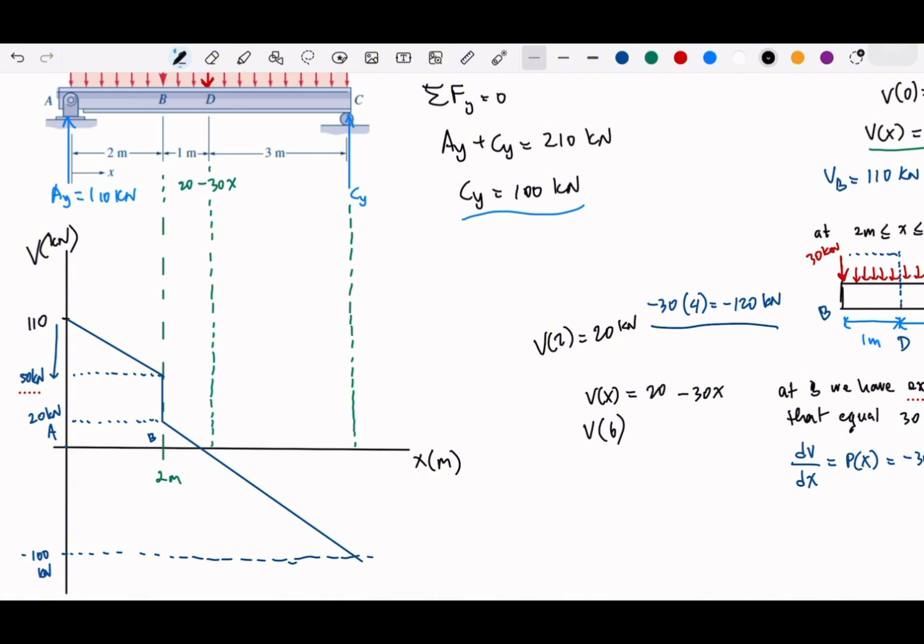So this should be 6, right? It should be 6. So that means, okay.